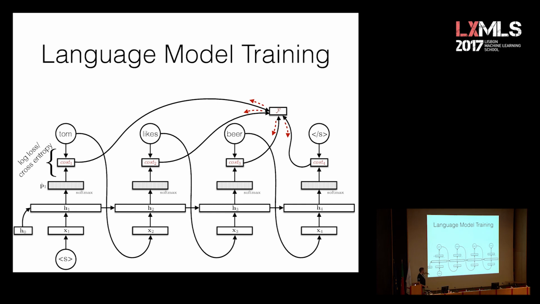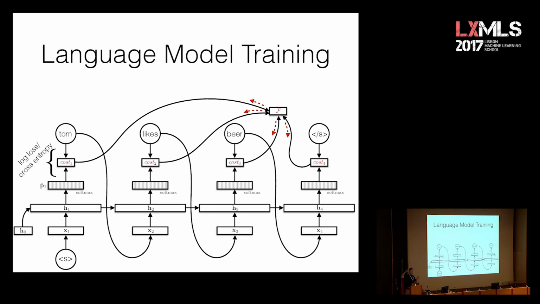Here we've got this sentence that we've generated randomly. But in practice, what we're going to do is work with a corpus that's going to contain sentences like Tom likes beer, but it's not going to contain sentences like Tom likes wine, because maybe Tom doesn't like wine.